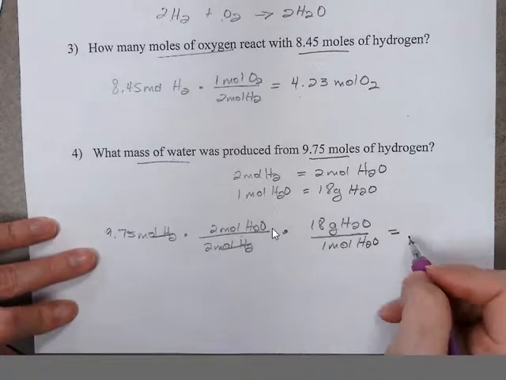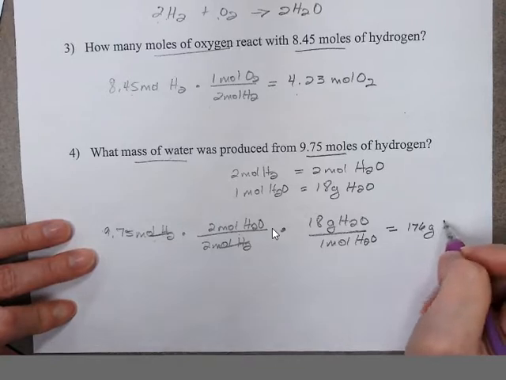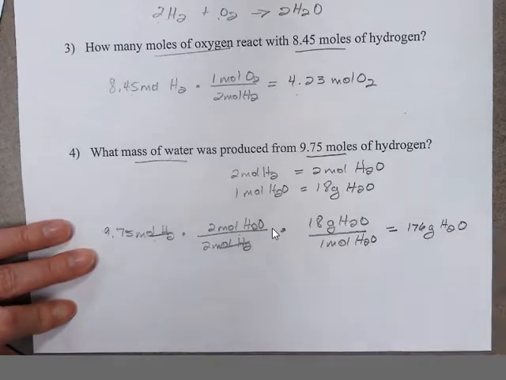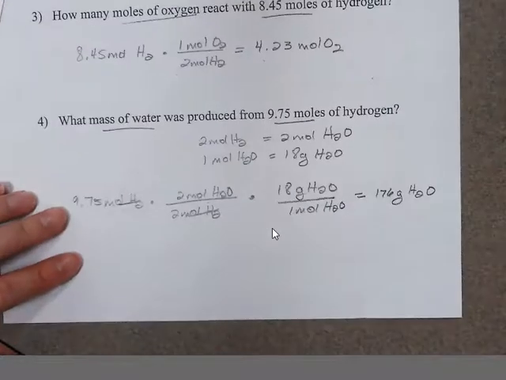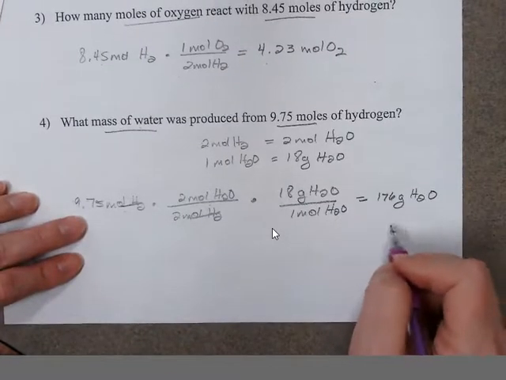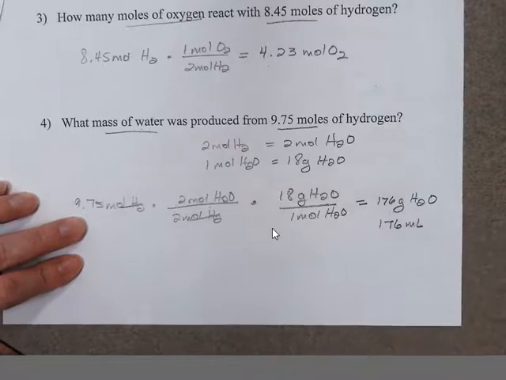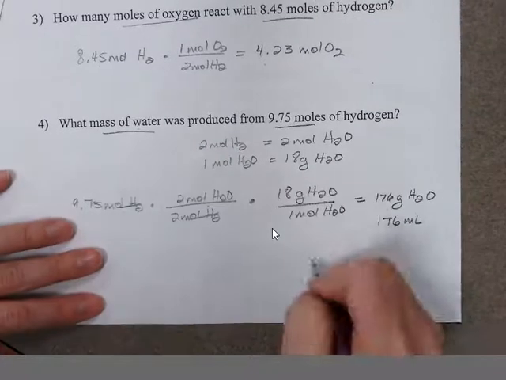And using correct significant figures, we end up with 176 grams of water, which ends up being, since the density of water is 1 gram per milliliter, that it actually ends up being 176 milliliters of water. Pretty cool, huh?